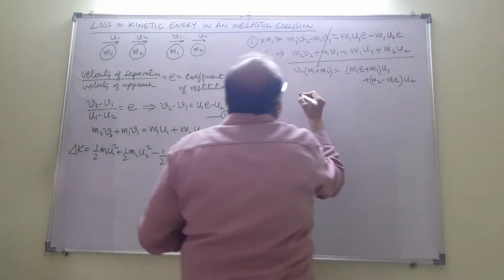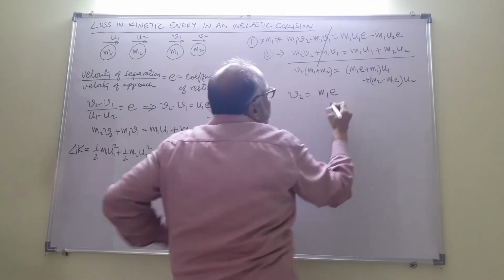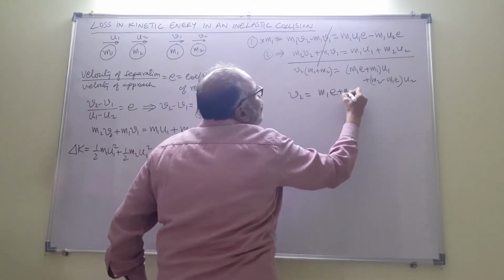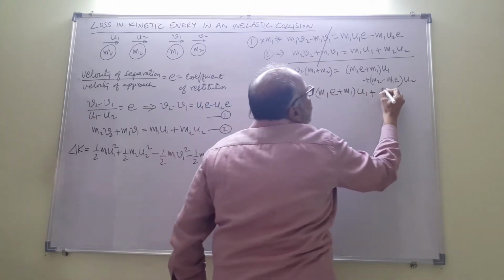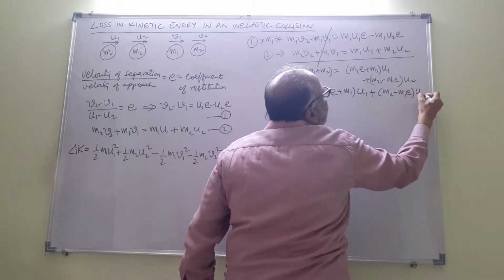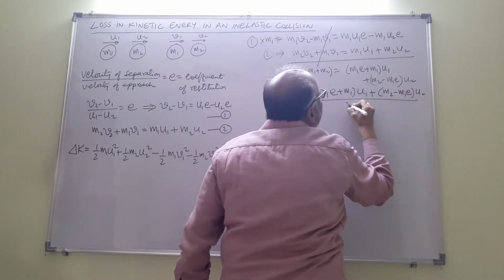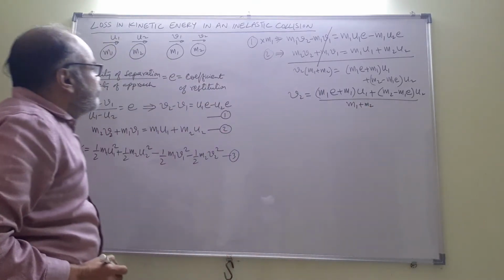So that will give us V2 is equal to M1 e plus M1 into U1 plus M2 minus M1 e into U2 divided by M1 plus M2.